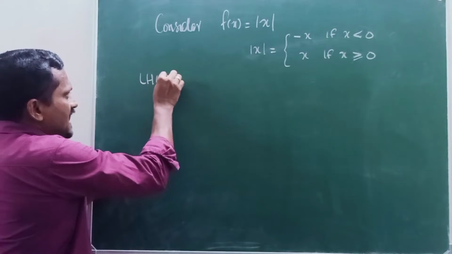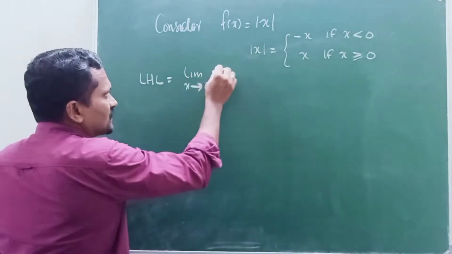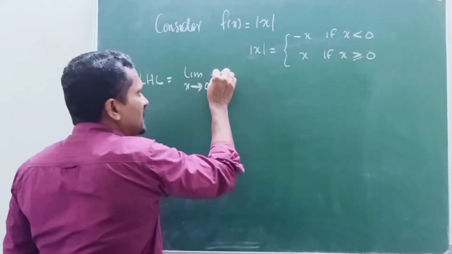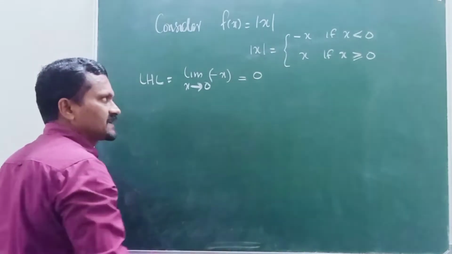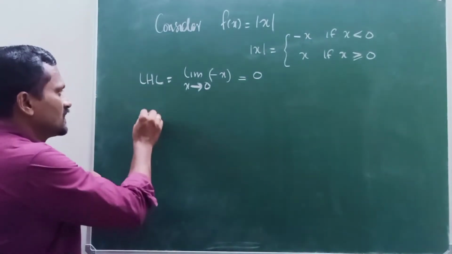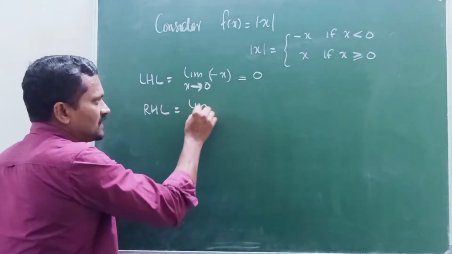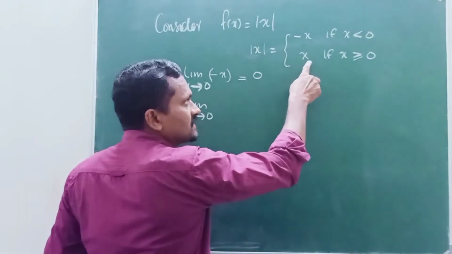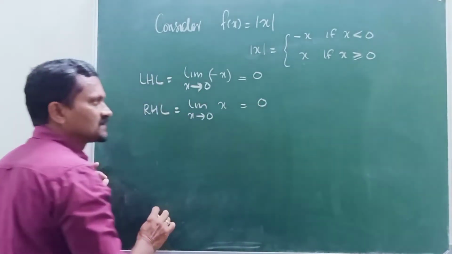For this, LHL equals limit x tends to 0 minus of f of x. What is f of x here? Minus x. When x equals 0, minus x is also 0. Then we go to the RHL, the right hand limit, limit x tends to 0 plus of f of x. Here f of x is x, that's again equal to 0.